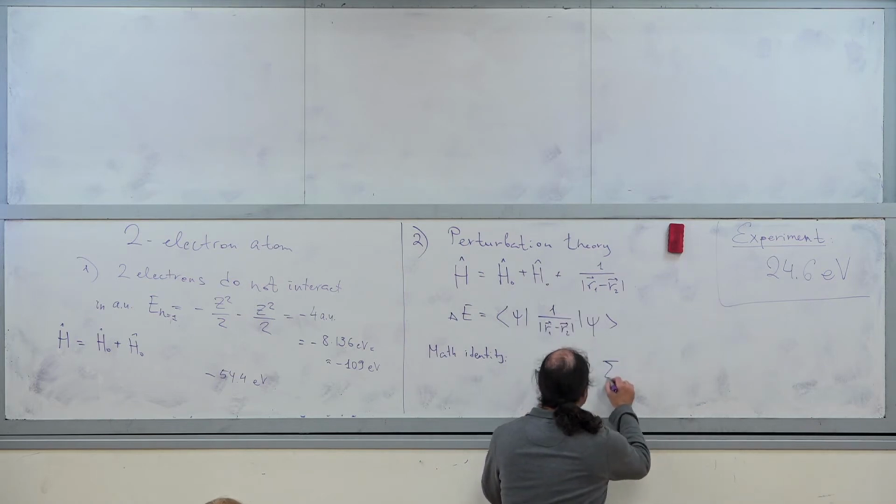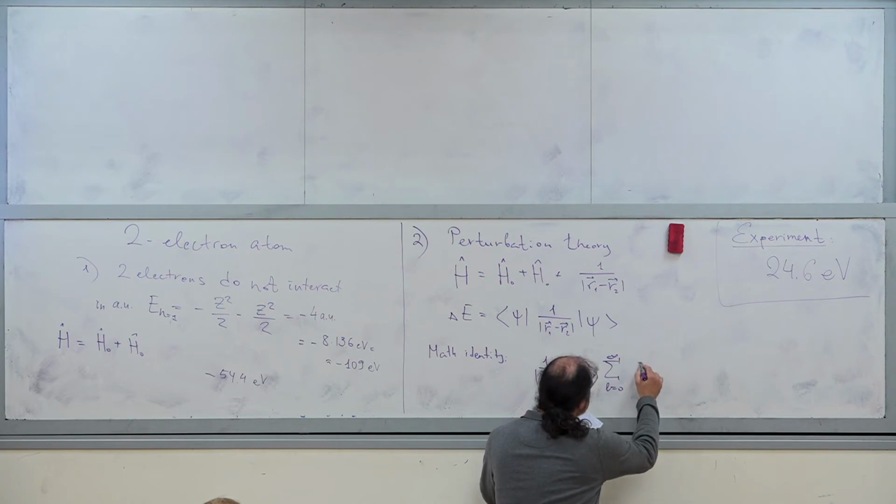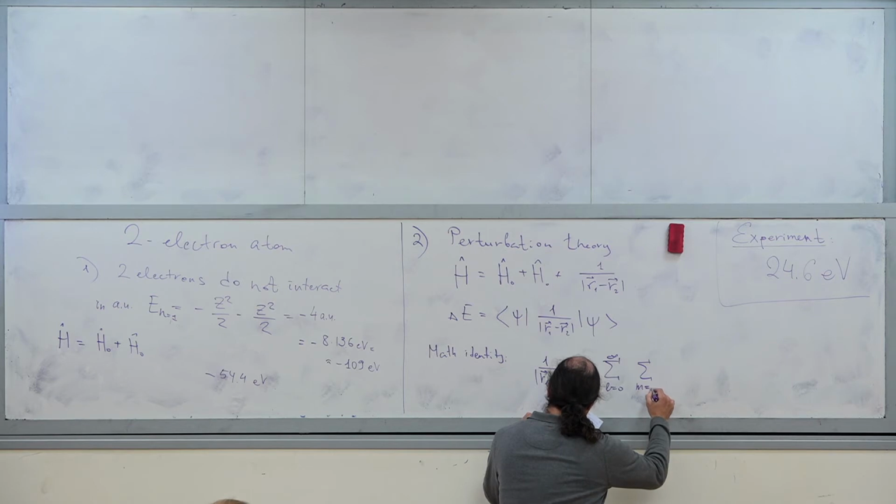It's equal to the sum over L from 0 to infinity and the sum over M from minus L to L, and then it goes like that.